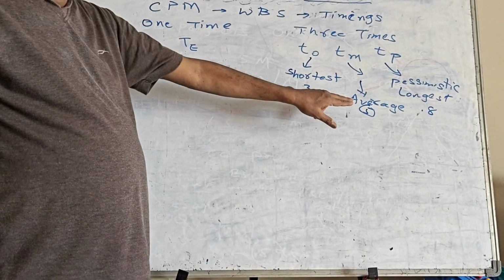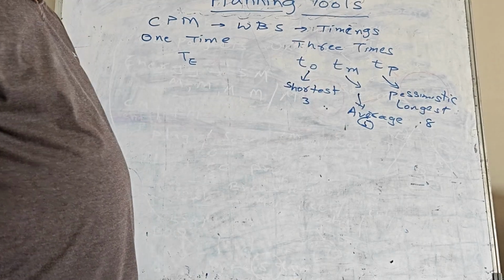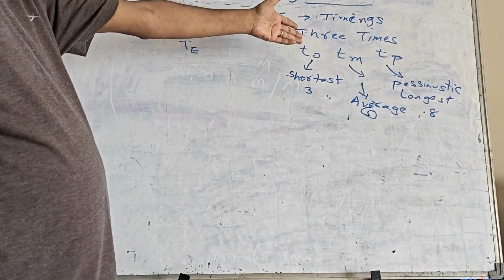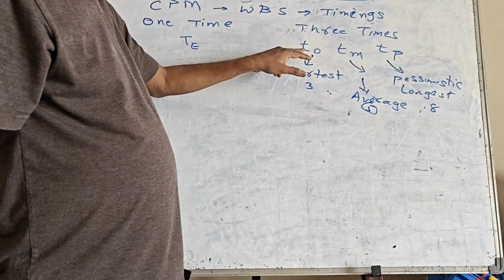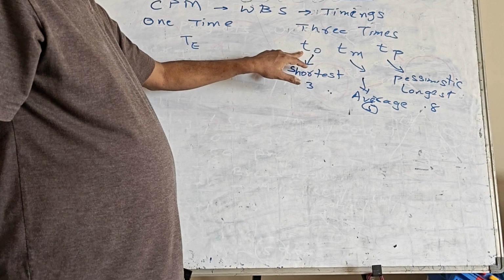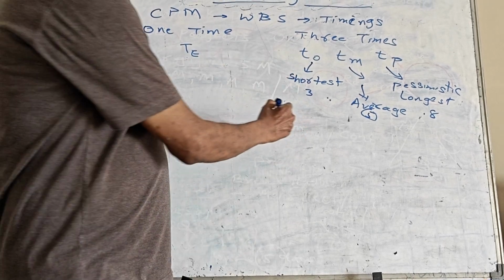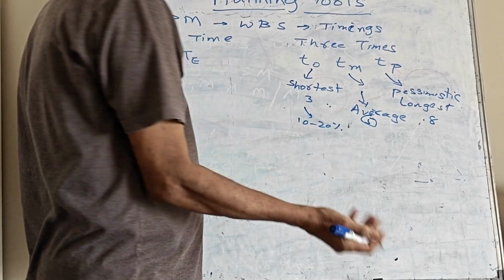So the most likely time works most of the time in a planning network tool. Sometimes it may also go wrong because it is associated with a certain probability. If you take TO, it is associated with probability. What is the probability here? We don't know. Maybe 10% to 20% possible.